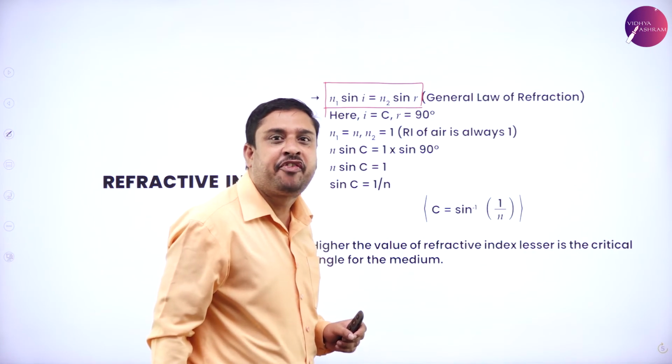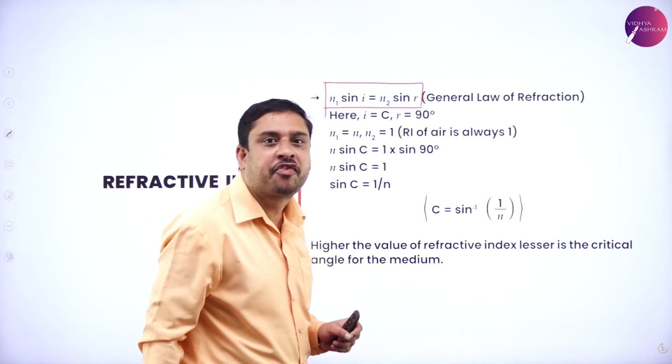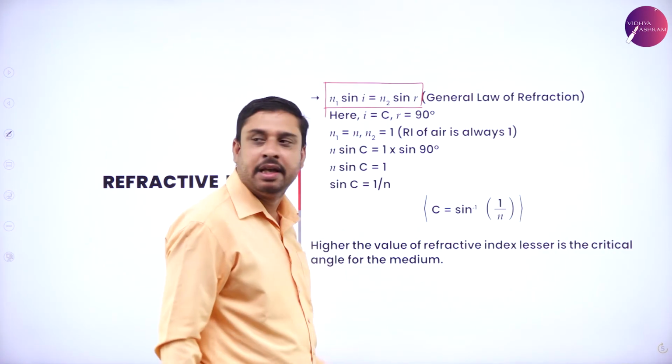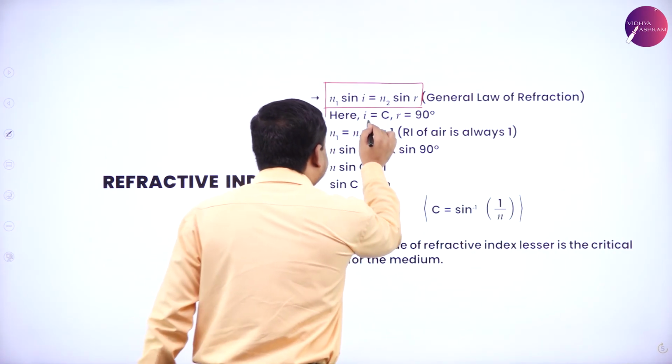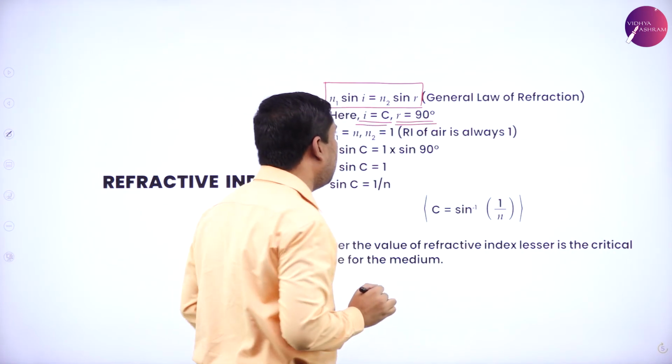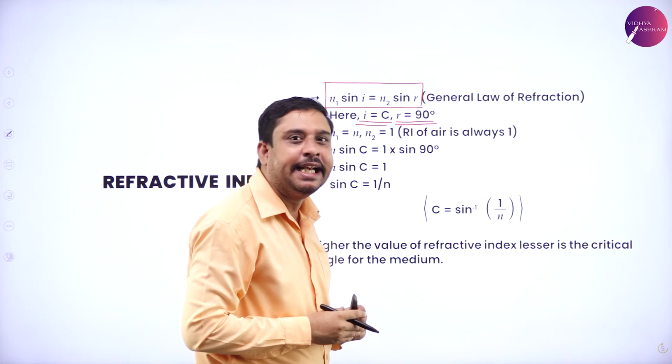N2 is the refractive index of the medium to which light travels. Here I is C, angle of incidence. R is 90 degrees.